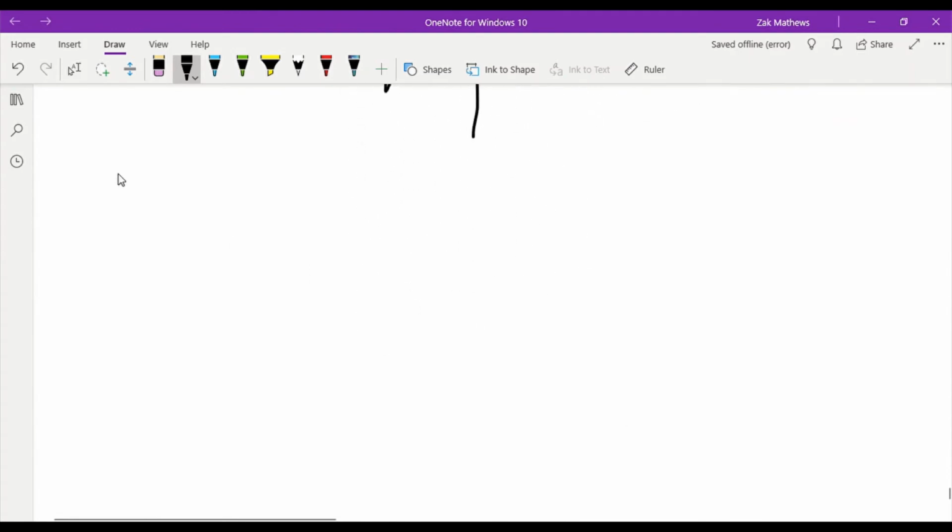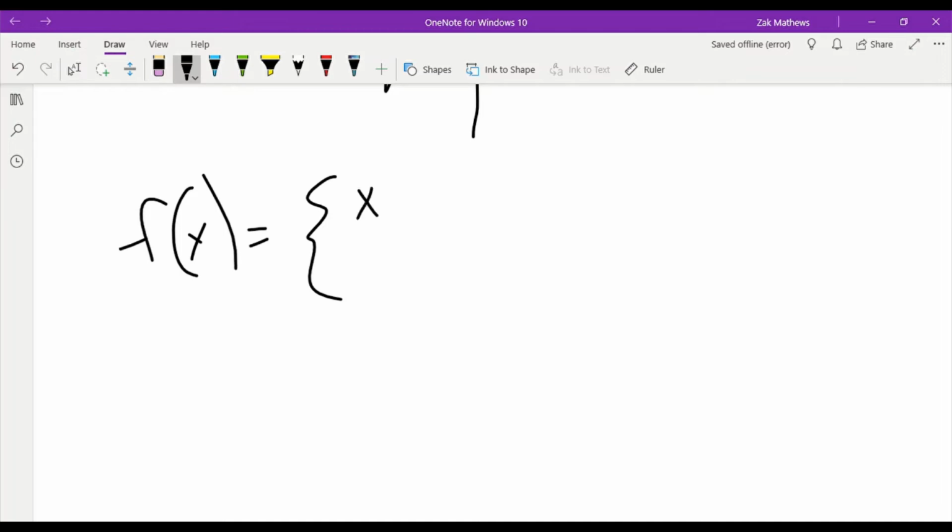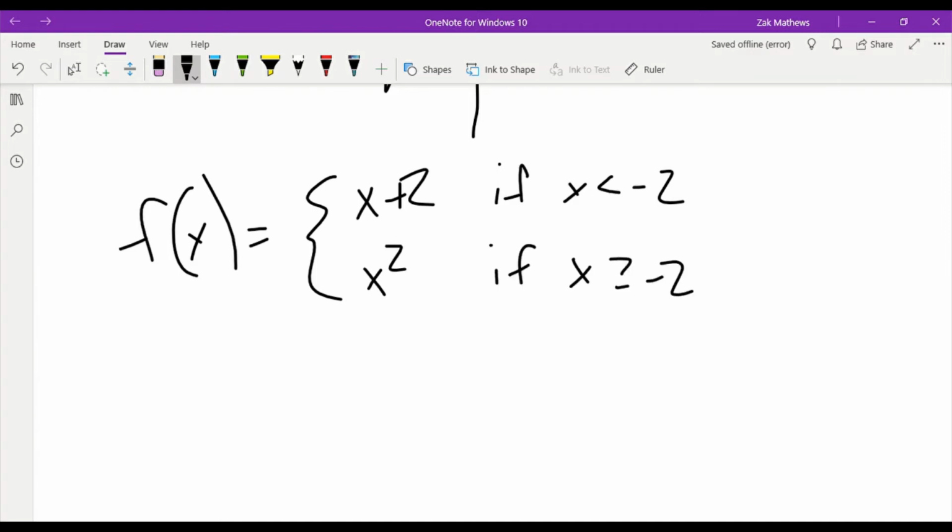If we look at a piecewise function, let's take the function f of x, and we'll define it as x plus 2 if x is less than negative 2, and it's equal to x squared if x is greater than or equal to negative 2.